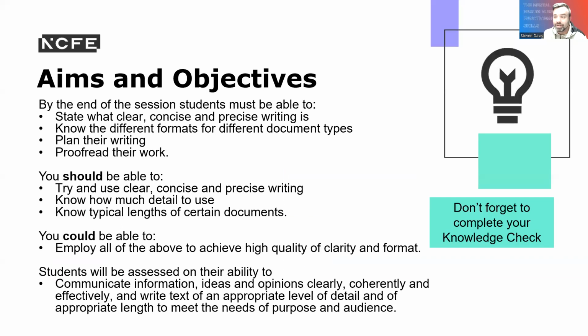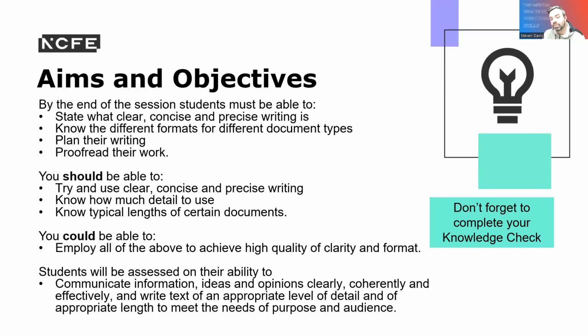Wonderful. So now we've come to the end, so let's recap. By the end of the session, students must be able to state what clear, concise, and precise writing is, know the different formats and different document types, plan their writing, and proofread their work. You should be able to use clear, concise, and precise writing, know how much detail to use, and know typical lengths of certain documents.